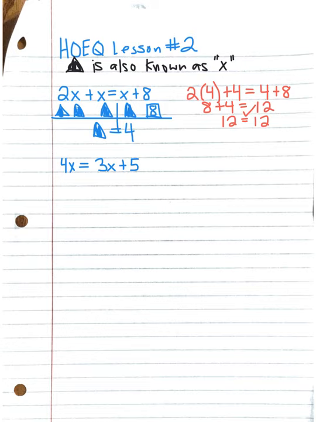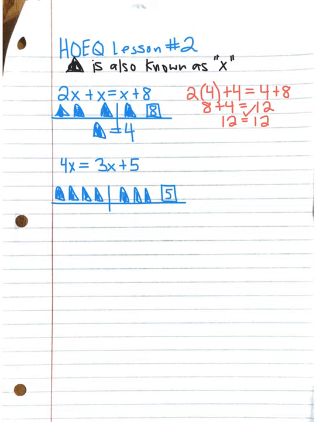All right, hopefully you represented the 4x on the left with 4 filled in triangles. And then on the right, our 3 x's are going to be 3 triangles and then a block worth 5.